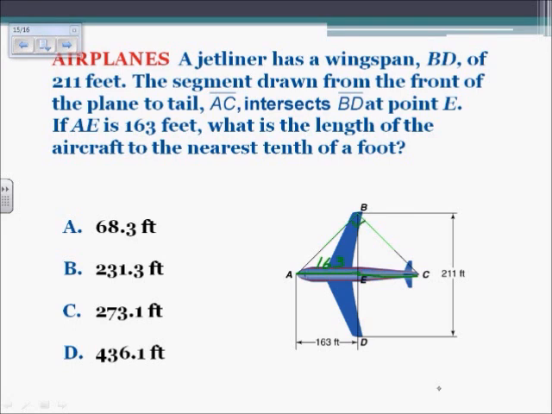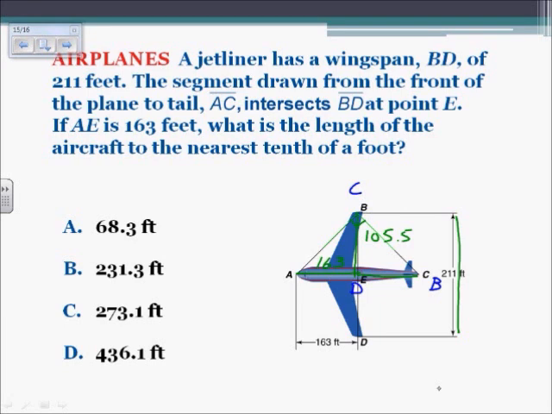We know that this length is going to be half of 211, so therefore it'll be 105.5. And if we relabel this picture to fit our triangle mold, A will be in the right spot, B down here, C up top, and D down at the bottom.